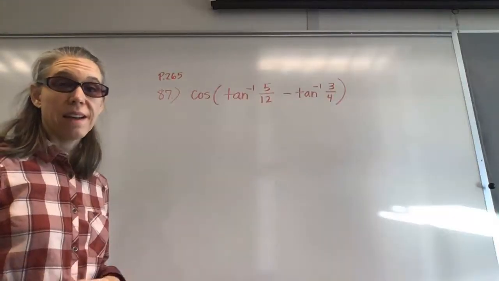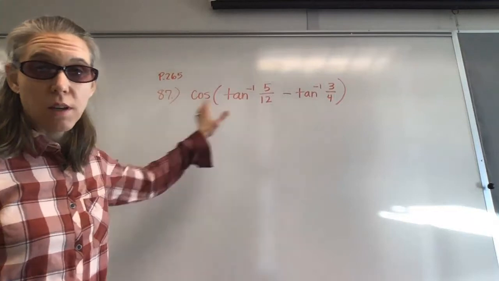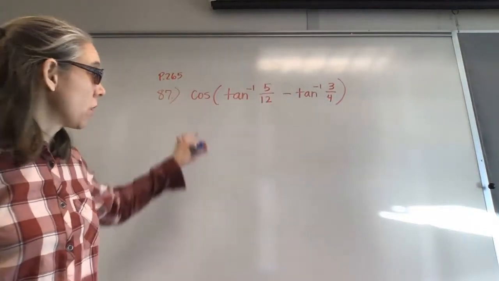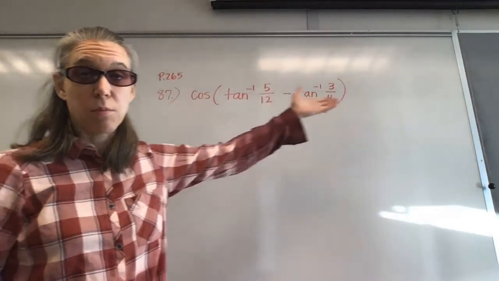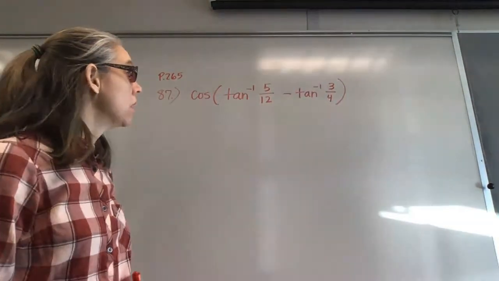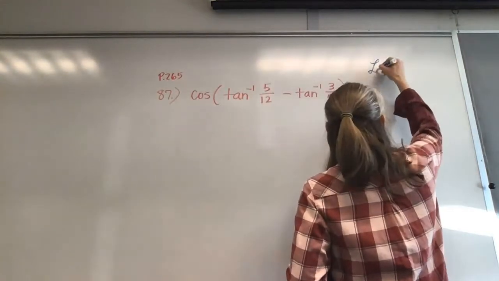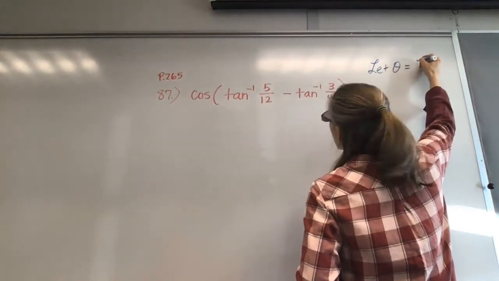Okay, so for number 87, we have the cosine function here with 2 tan inverse functions. So for each of these, I need a separate variable. I will let the first one be theta.